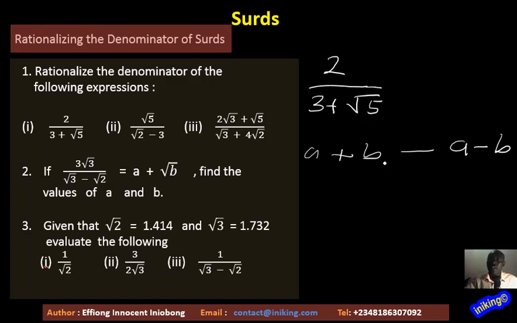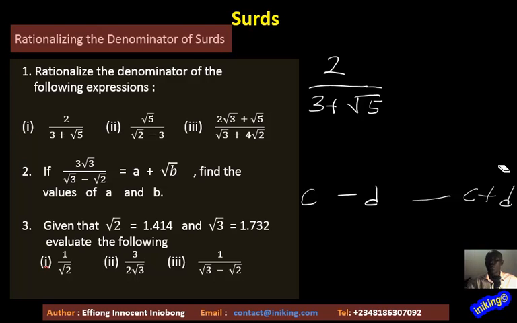Since it is plus right now, we use minus. If it had been C minus D, then this would have been C plus D. Remember, of C and D, at least one of them must be irrational. Okay, so let's apply that in solving question number 1, that's number 1i.